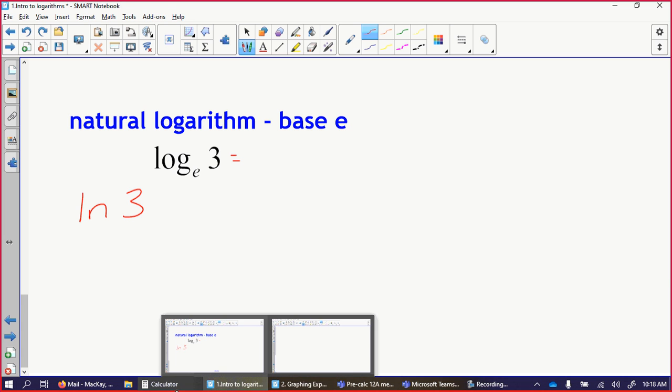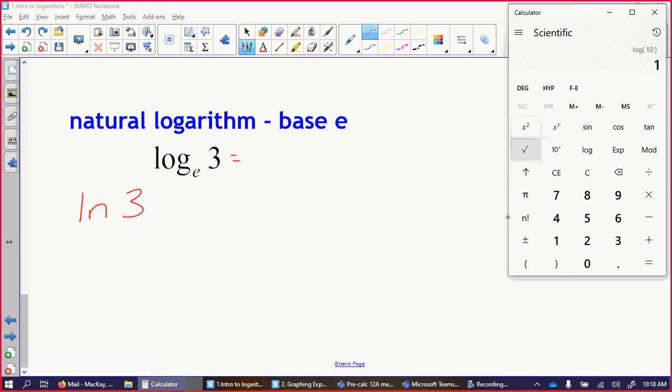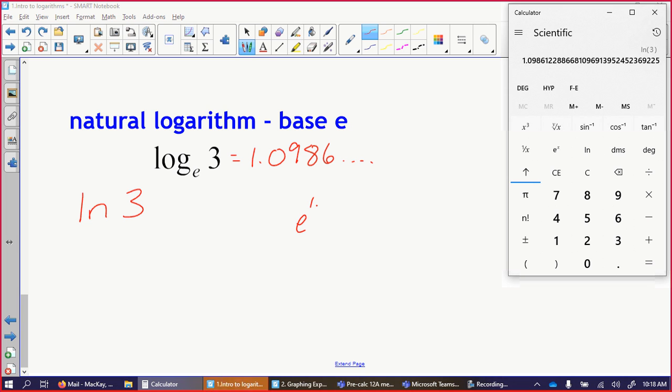So I'm going to just use my calculator to figure this one out. I need to push 3 and then take the natural logarithm, which is 1.0986 and so on. So this tells me e to the power of 1.0986 and so on equals 3. And we'll also see this e to the x button.